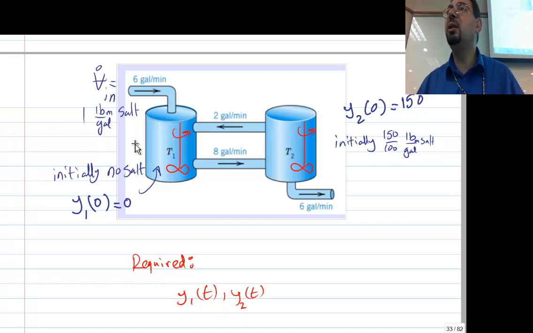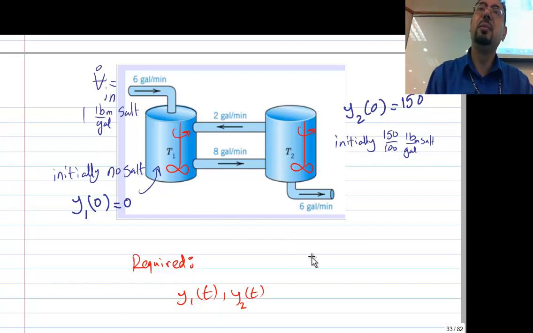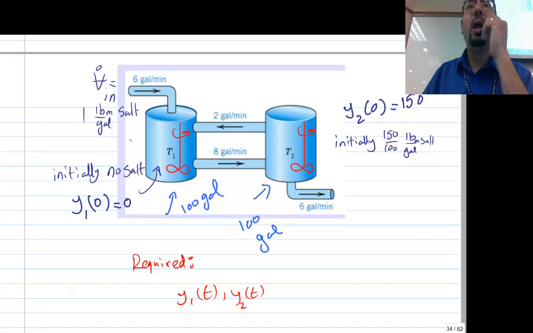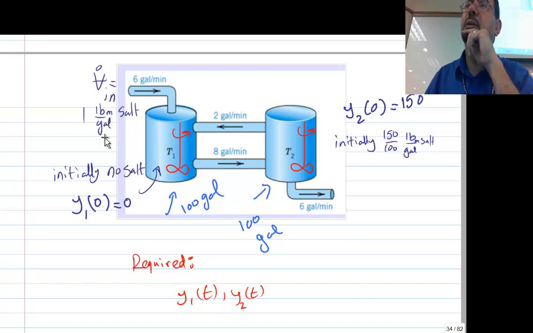This tank is 100 gallons, this tank is 100 gallons. And he will start the flow rate at 6 gallons per minute, and the concentration coming in is 1 pound of salt per gallon.